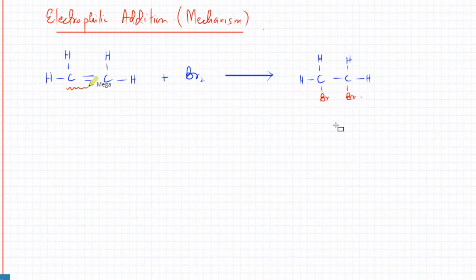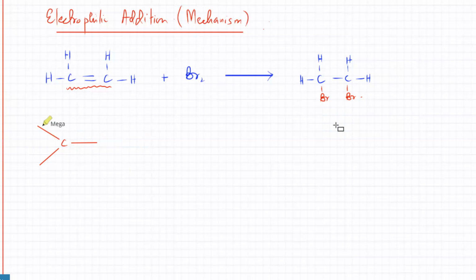First thing, what is the type of hybridization when carbon is making a double bond? Is it sp2, sp3? It's sp2. The carbon looks like this. It's making 3 normal bonds: 1 bond with H, 1 bond with H, and 1 bond with the other carbon atom.